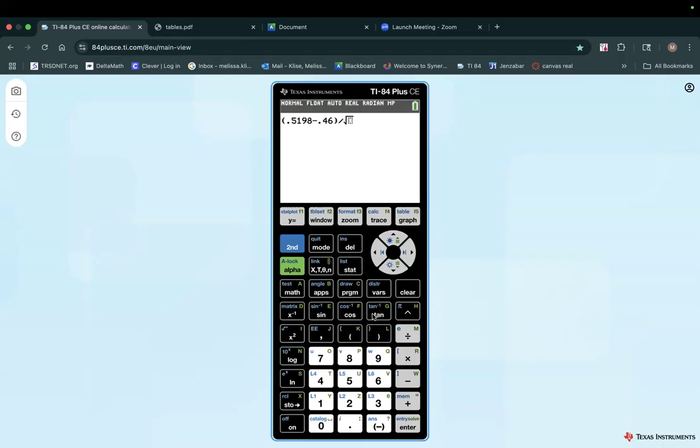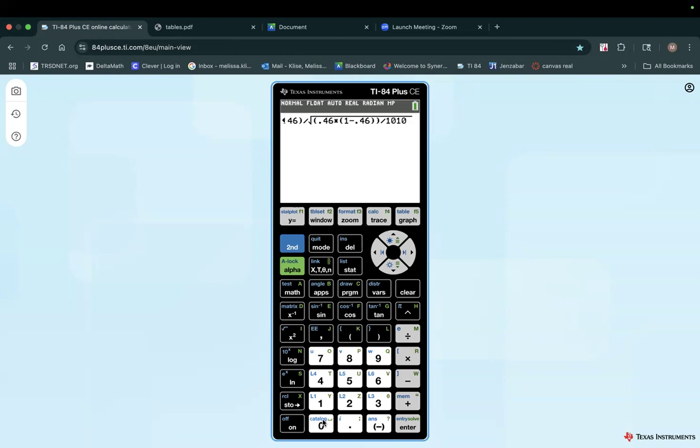Once again, my numerator is going to have parentheses. 0.46 times 1 minus 0.46. Now, I probably would just put 0.54 because I know that that's 1 minus 0.46, but for the purposes of this, I'm just going to leave it there. Divided by 1010.